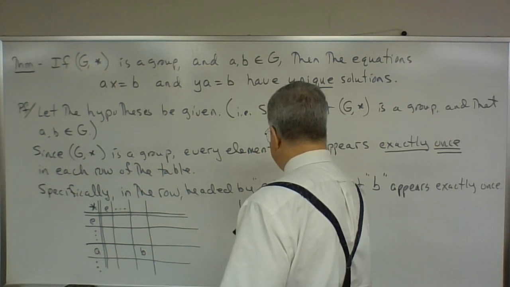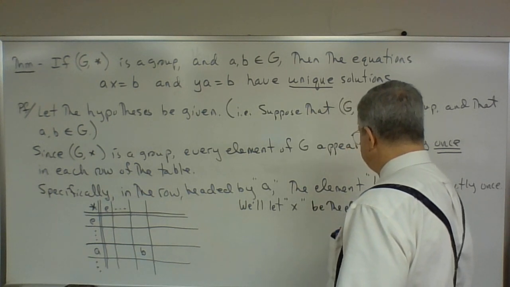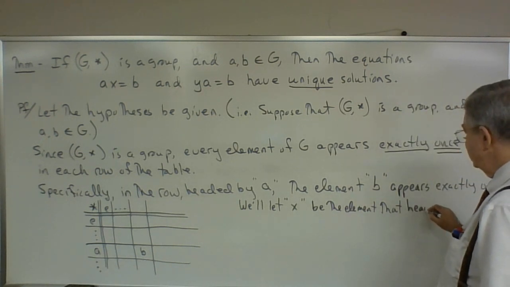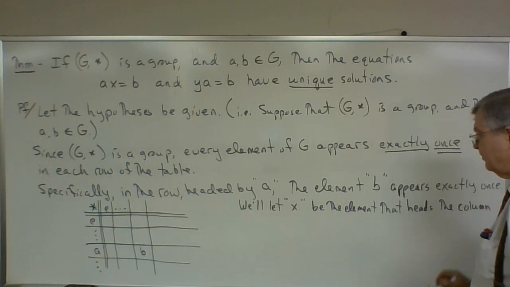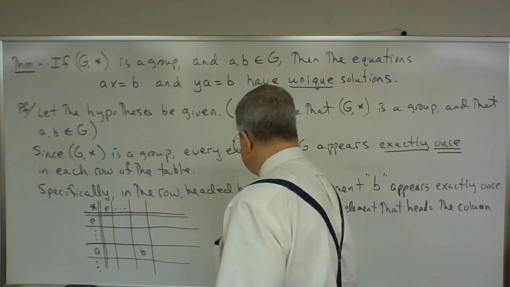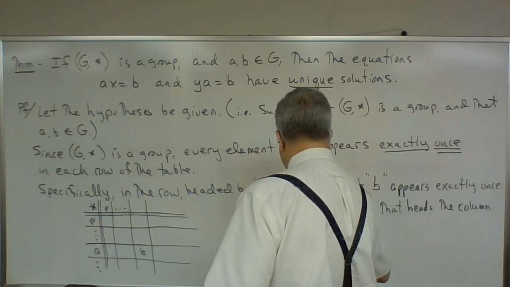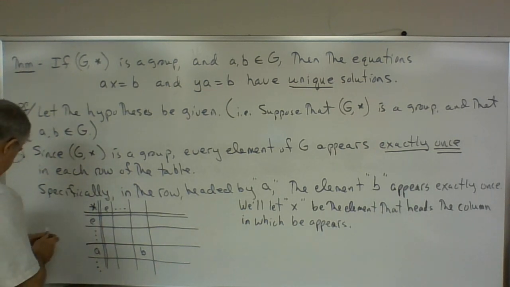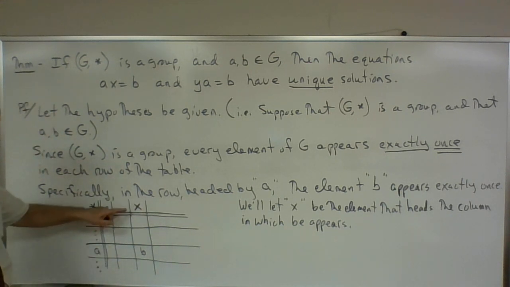We'll let X be the element that heads the column in which B appears. So here's X. Here's our element X, the proposed solution to our equation.